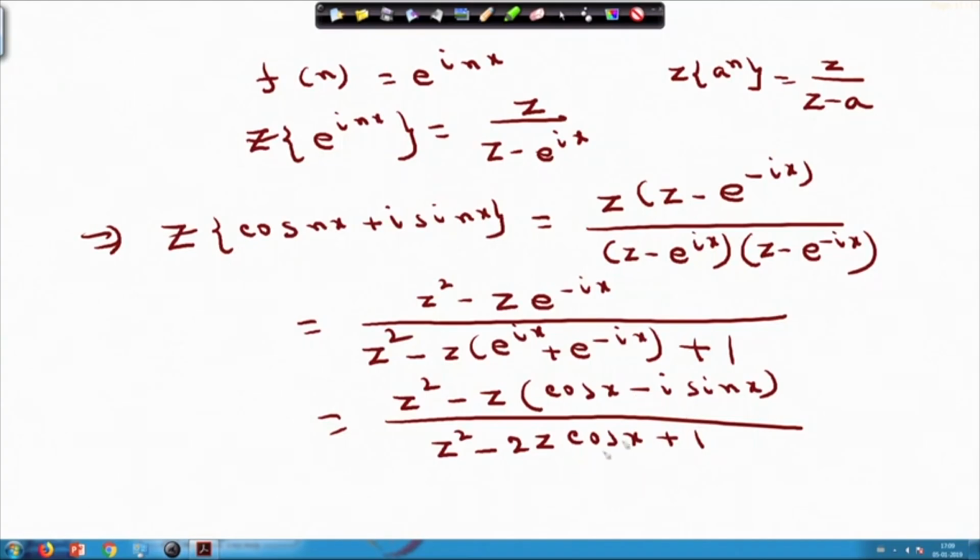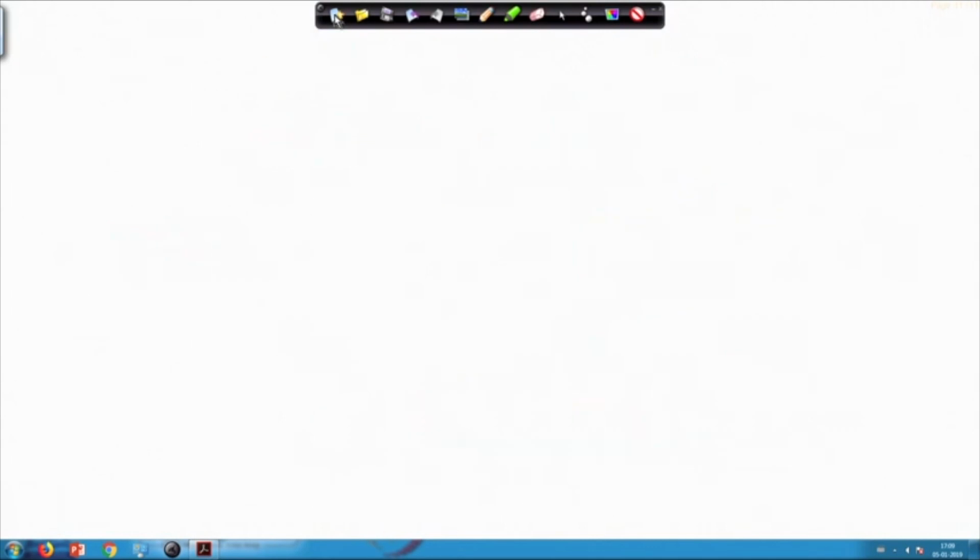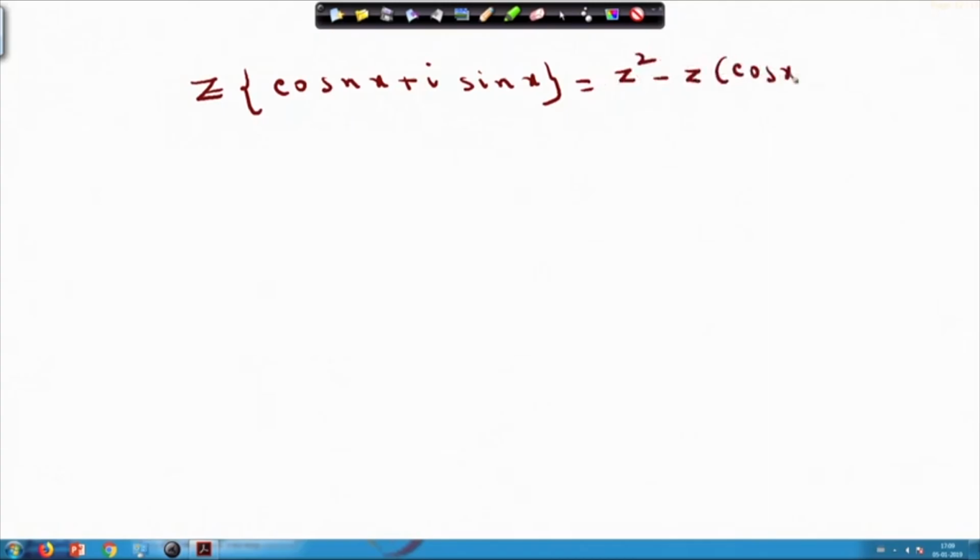Now I can simply separate the real part and the imaginary part. So I can write down your function. Z transform of cos n x plus i sin n x equals z square minus z into cos x minus i sin x divided by z square minus twice z cos x plus 1.